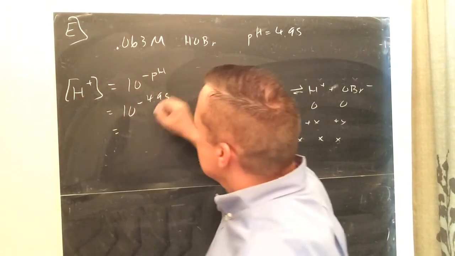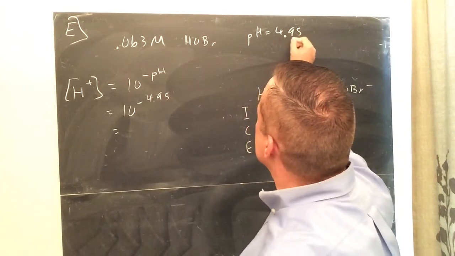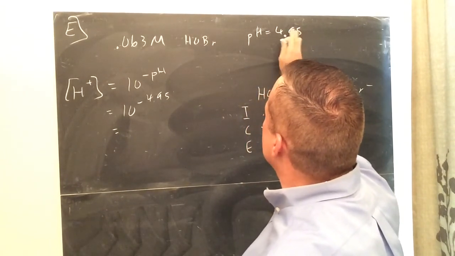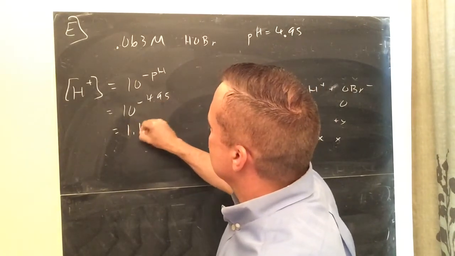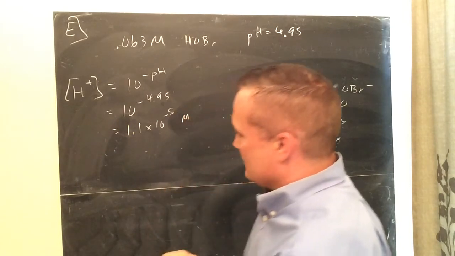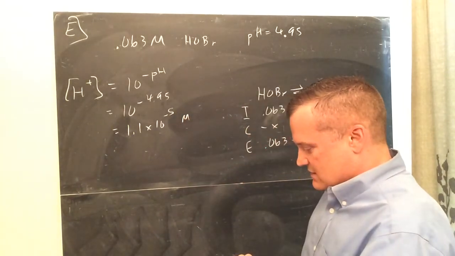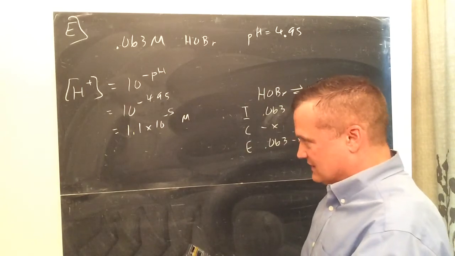Now for my sig figs, remember, you count the digits after the decimal in the pH. For a pH value, you don't say 3, there's 2. So 2 sig figs, so it's 1.1 times 10 to the negative 5 molar. I'll double check that again: 10, x to the y, 4.95 negative is 1.1 times 10 to the negative 5 molar.